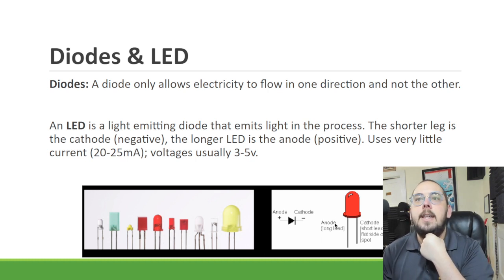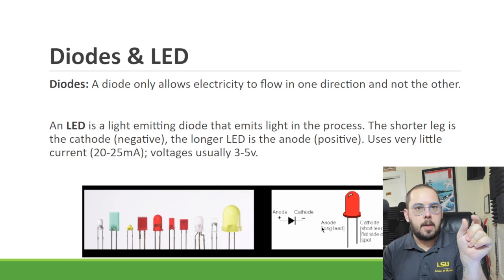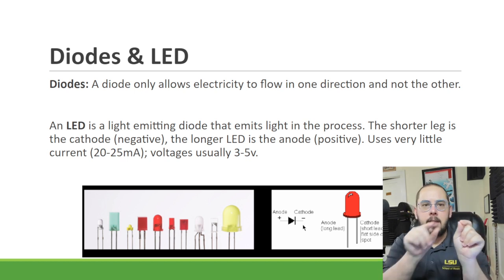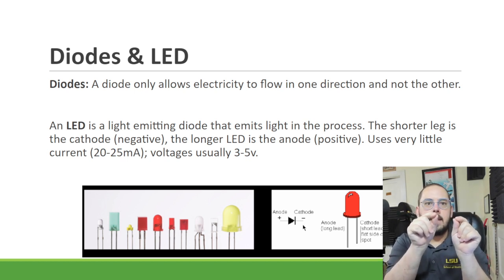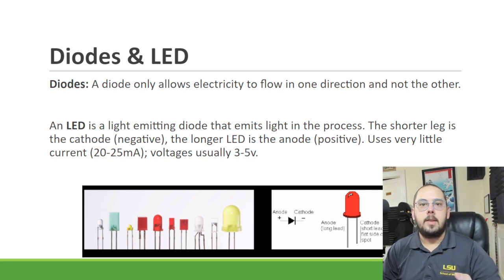But for the LED, usually there's a long lead, a long side, and a short side to the wires coming out of it, the leads. So the anode is the one where the electricity is coming from the positive side, and the cathode is the shorter lead that is sending the electricity to ground.